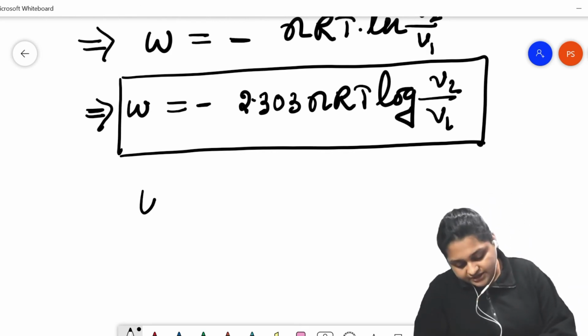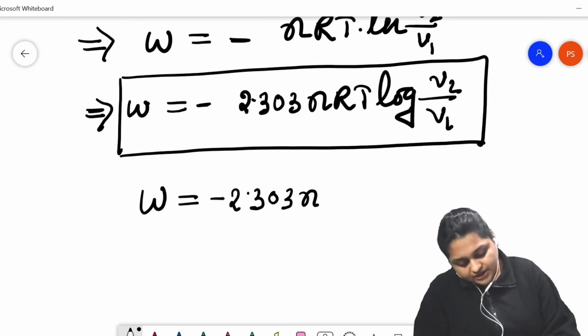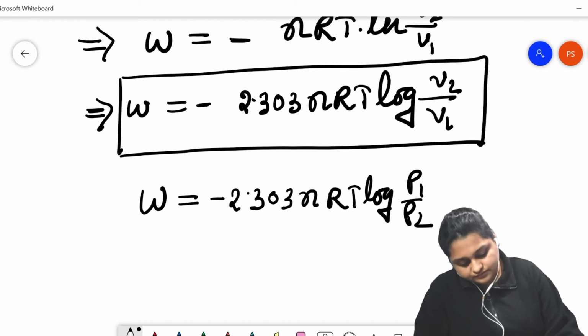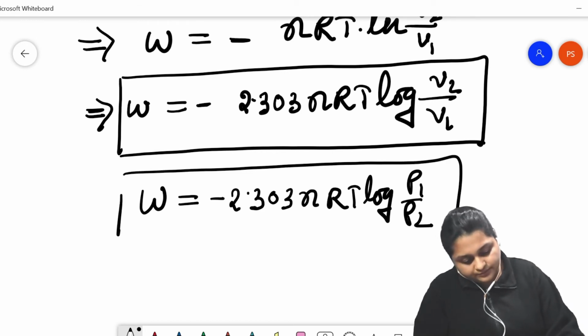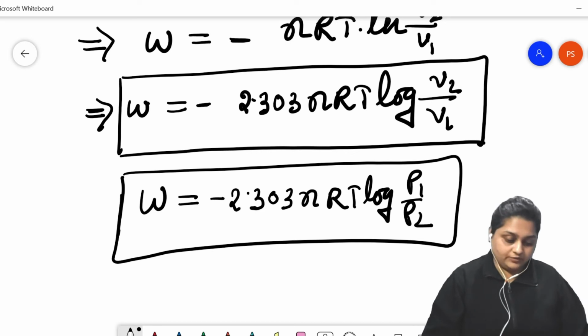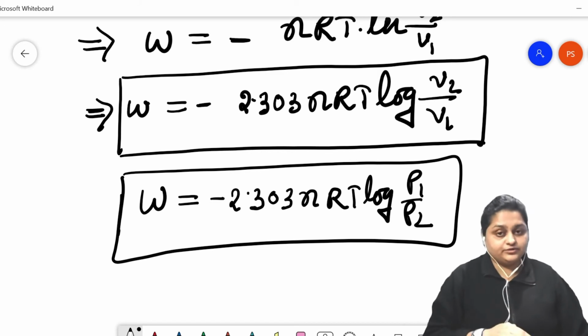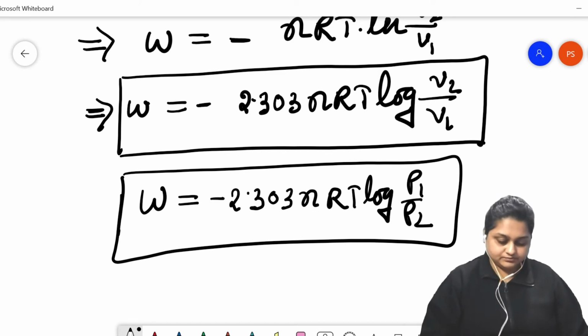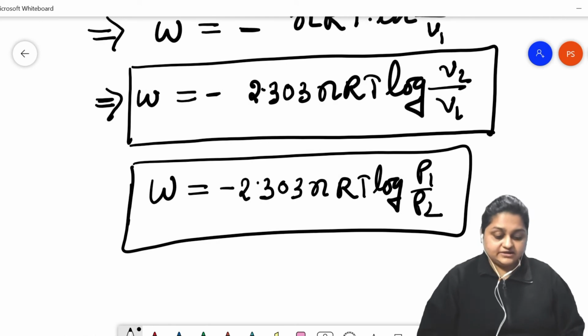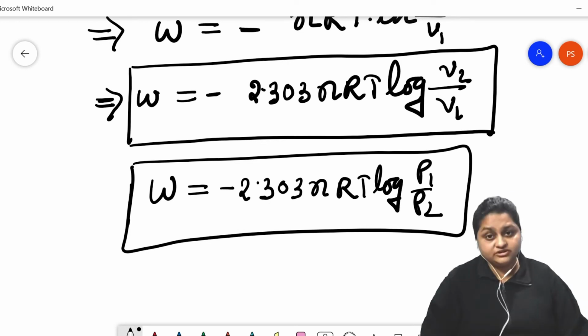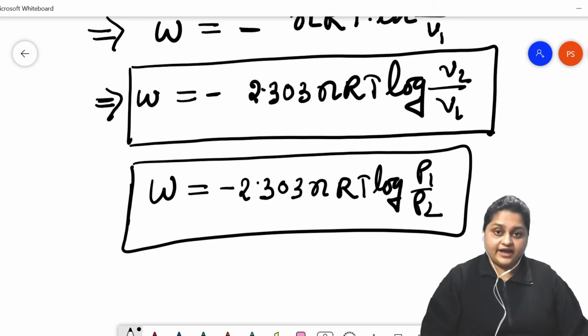This can also be written as W equals minus of 2.303 nRT log of P1 by P2, as from the ideal gas law or Boyle's law, V2 by V1 is equal to P1 by P2. These are the two expressions that we can use when we are dealing with an expansion process which is isothermal reversible and for an ideal gas.